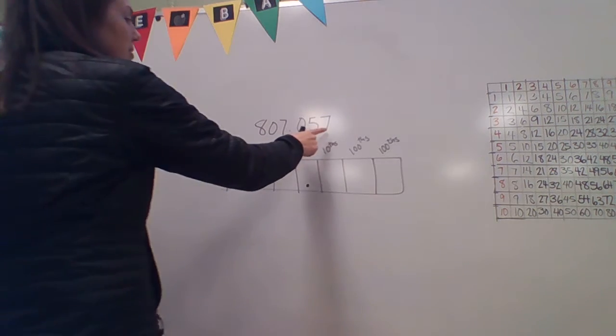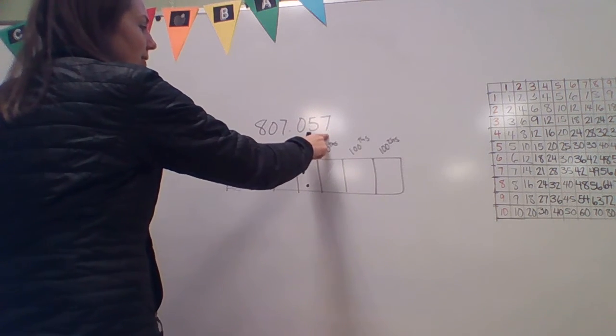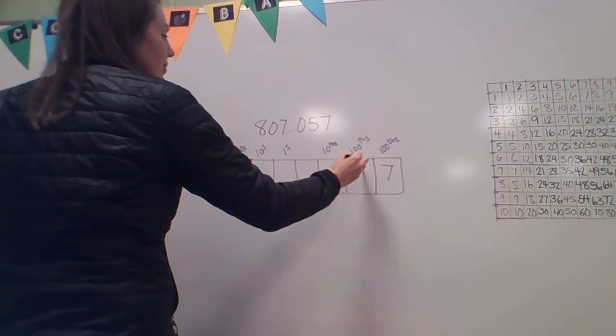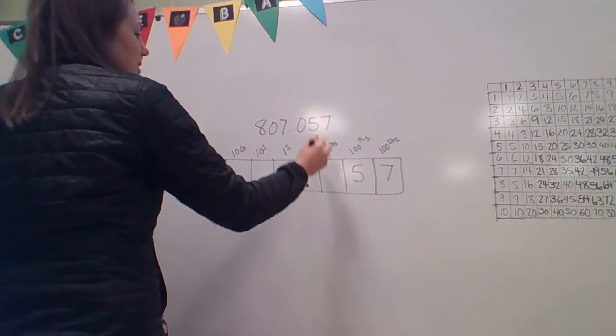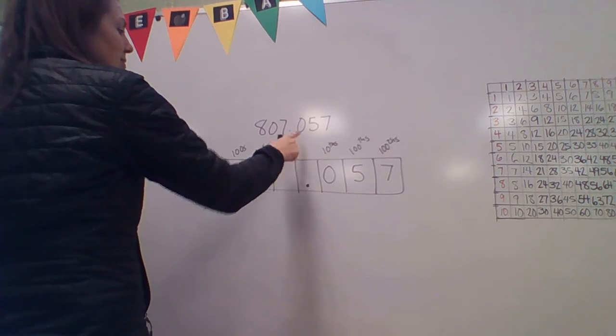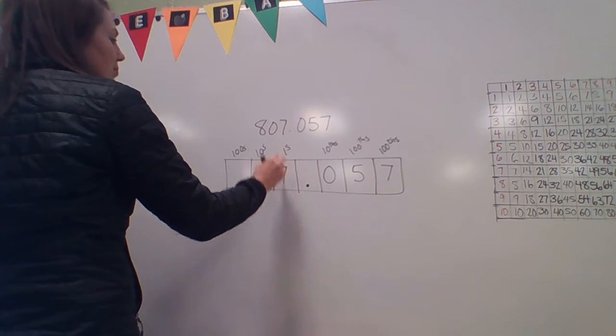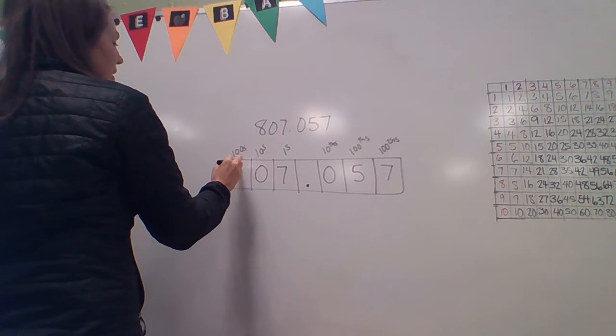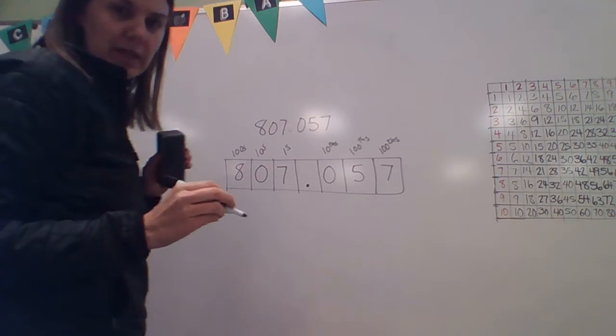Okay, so I'm actually going to start over here on the very farthest right. I have a 7 in the thousandths place. I have a 5 in the hundredths place, and I have 0 tenths, right? Now I'm at the decimal point, so now I have a 7 in the ones place, a 0 in the tens place, and an 8 in the hundreds place.